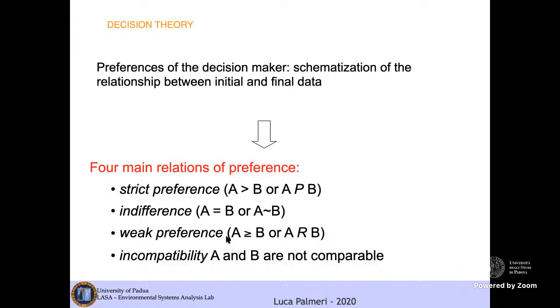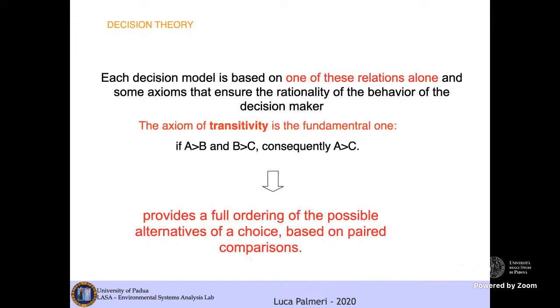A weak preference, so A larger or maybe equal to B, or, if you want, we have a rough preference, so A is roughly preferred over B, or incompatibility, A and B are simply not comparable. These are the four extreme cases that we may define for the relation of preference.